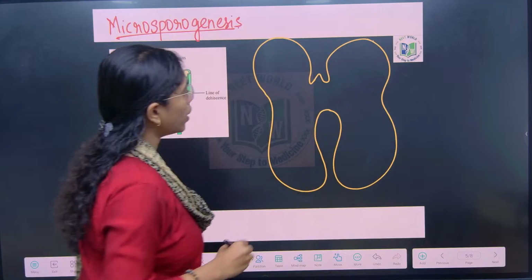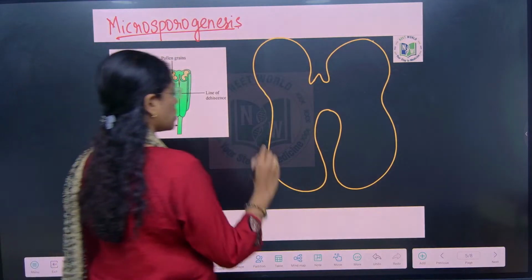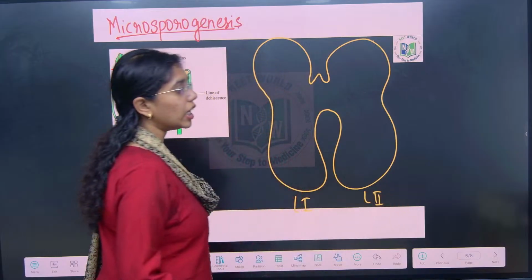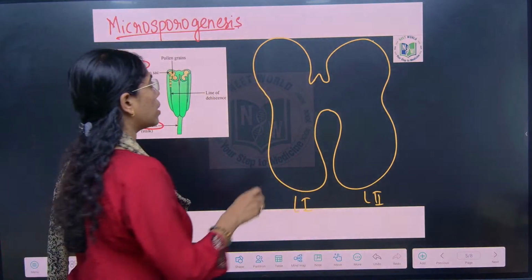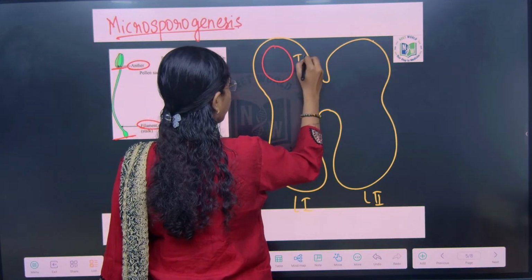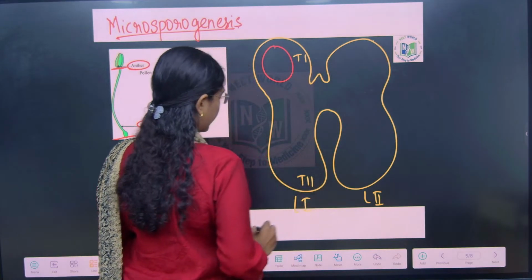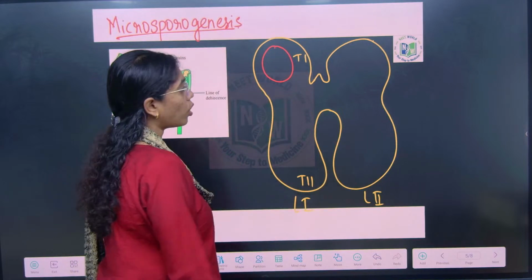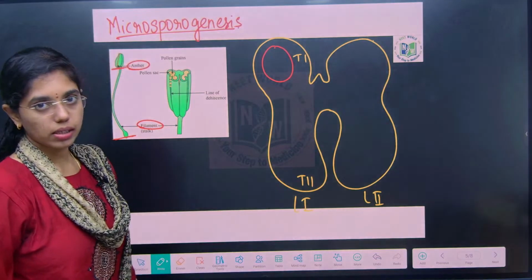Right. So, here this is the bilobed anther, with lobe 1 and lobe 2. Each lobe will have 2 theca, theca 1 and theca 2. That is the reason this is known as dithecous bilobed anther, or on the whole you can also call it the tetrathecous condition.